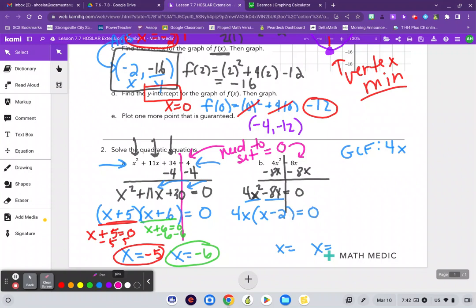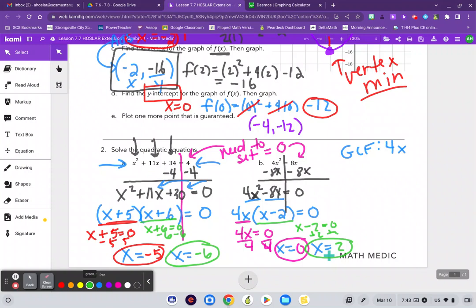Okay, so I want to find when 4x would be 0. Well, that happens if x were 0. 4 times 0 is 0. And I want to find when x minus 2 is 0. So x minus 2 is 0 when x is 2.